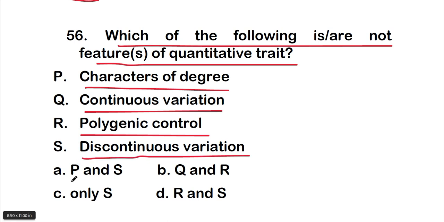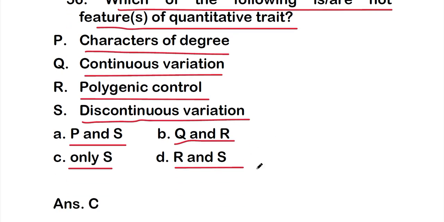And the options are: option A, P and S is not the features of quantitative trait; option B, Q and R is not the feature of quantitative trait; option C, only S is not the quantitative trait; or option D, R and S is not the quantitative trait.